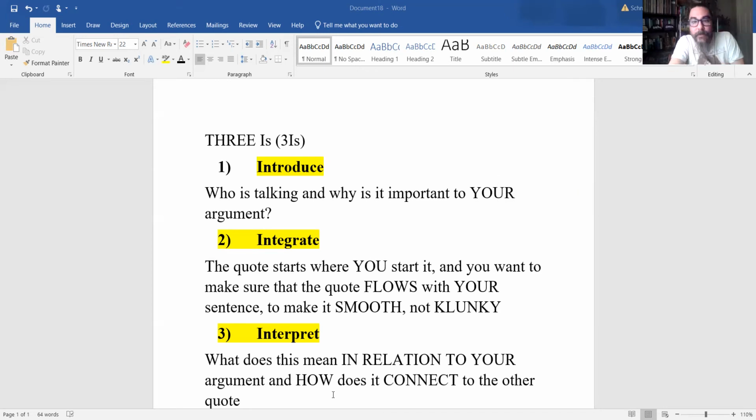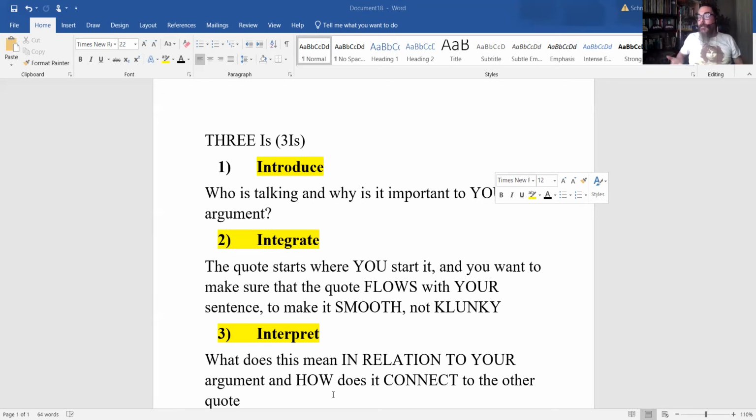Some of you may know this: when you put anything in brackets, not parentheses, inside of those quotation marks, it means that you, as the author of this paper, are adding something.